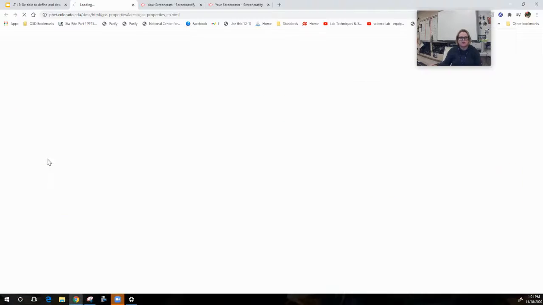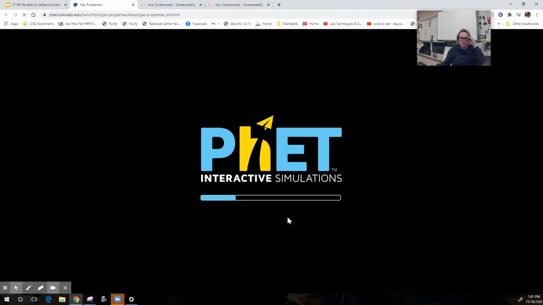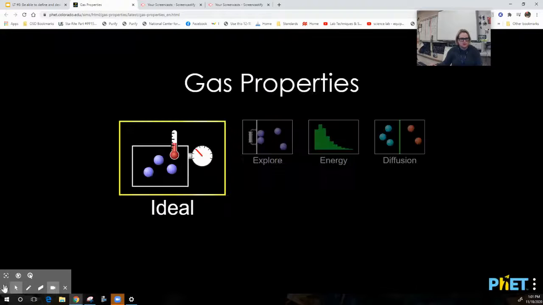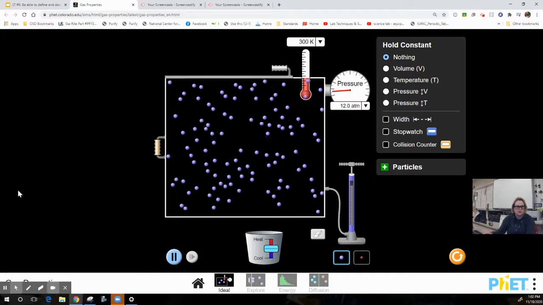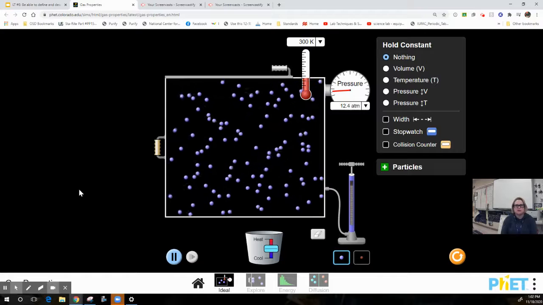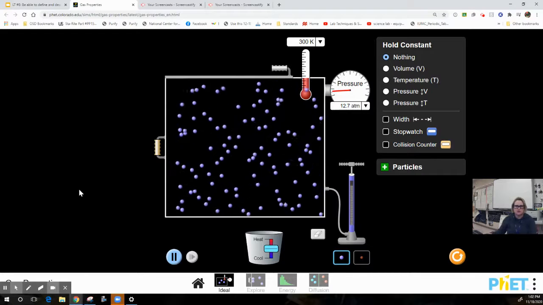And what I have for you here is a quick little simulation to show this. All right, so here is a sample of a gas on a PhET simulation.